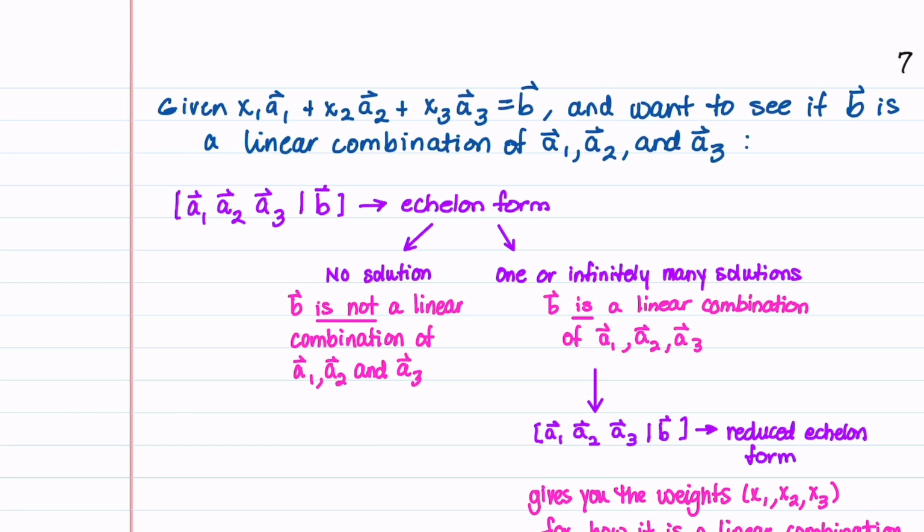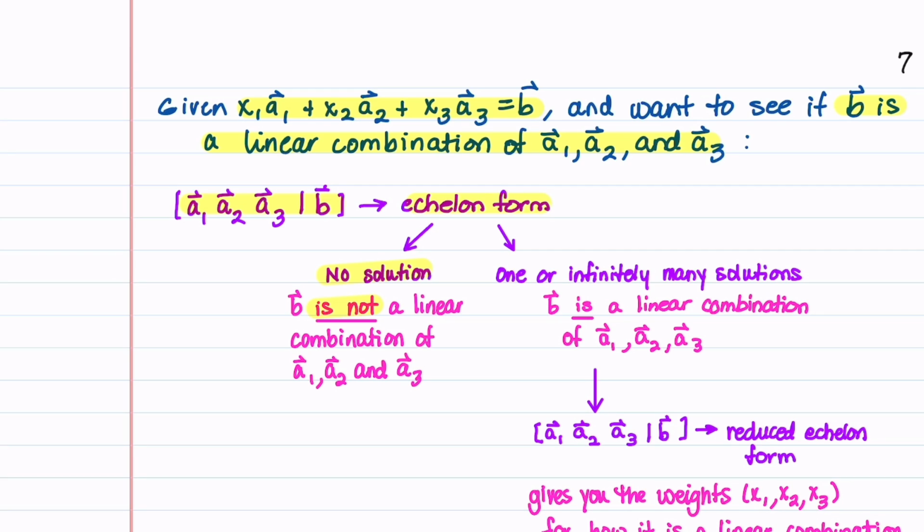In practice, if we're given the vector equation x1a1 plus x2a2 plus x3a3 is equal to b, and we want to see if b is a linear combination of a1, a2, and a3, what we have to do is write our linear system as an augmented matrix and put it in echelon form. If it has no solution, then we know that b is not a linear combination of a1, a2, and a3.